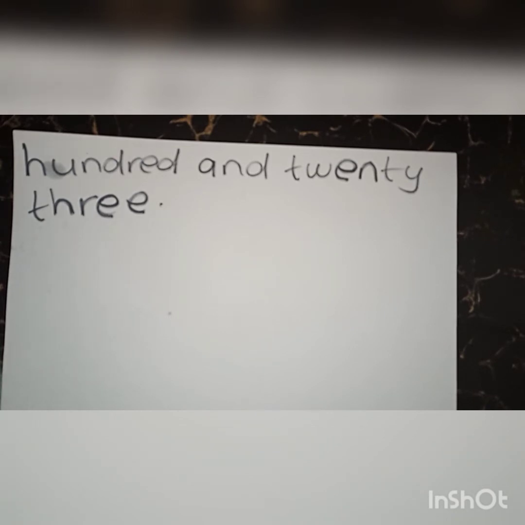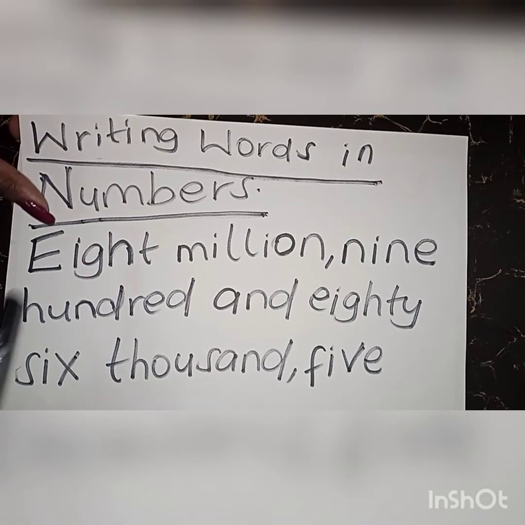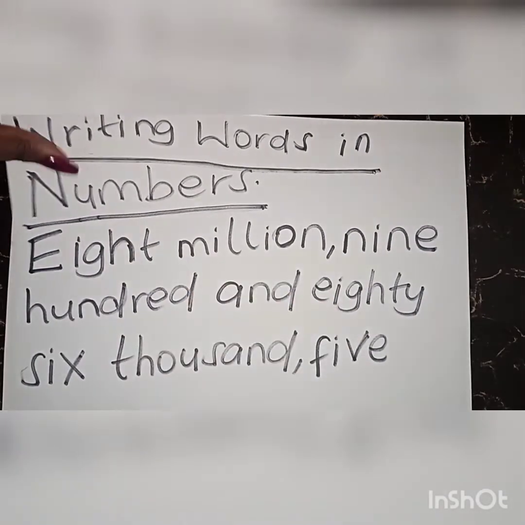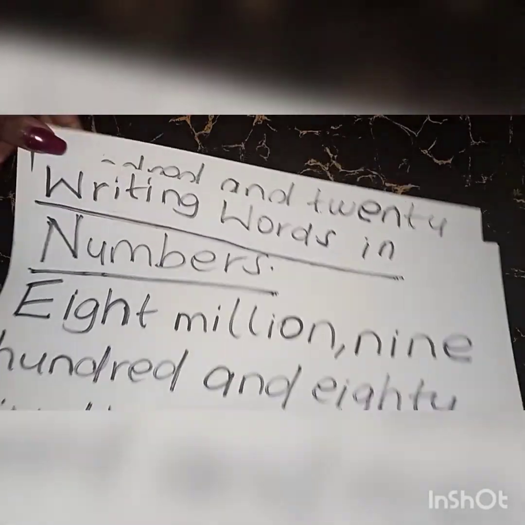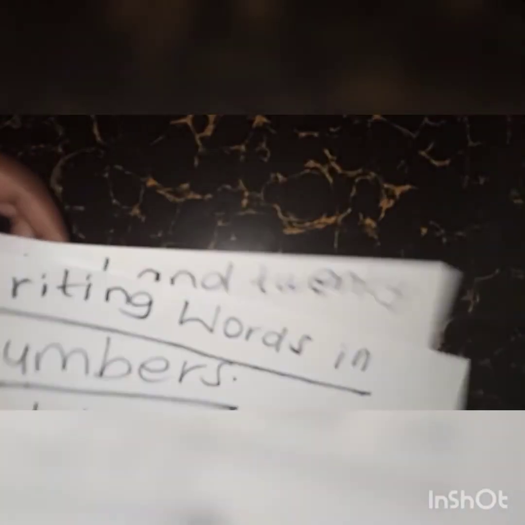Let's try and separate the numbers. And don't forget to include the commas, okay? So the first part before the comma is 8 million, okay? And you said that a million has how many zeros? A million has 6 zeros, okay?